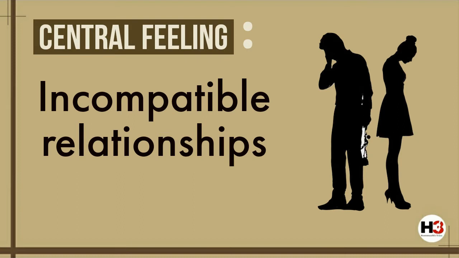A fluoric acid patient cannot stay in any deep relationship and breaks all his bonds very easily. He just cannot stay loyal to anyone and thus ends up having many partners. This exactly is the central theme of our remedy, that is, incompatible relationships.